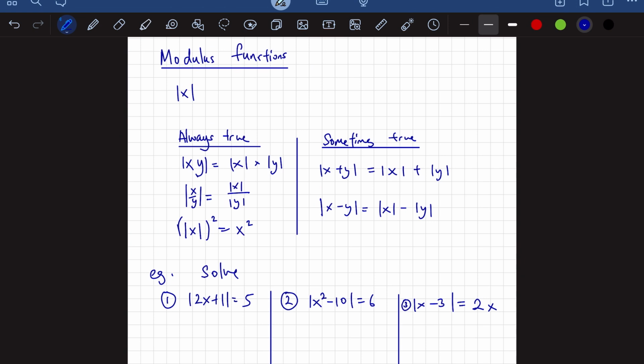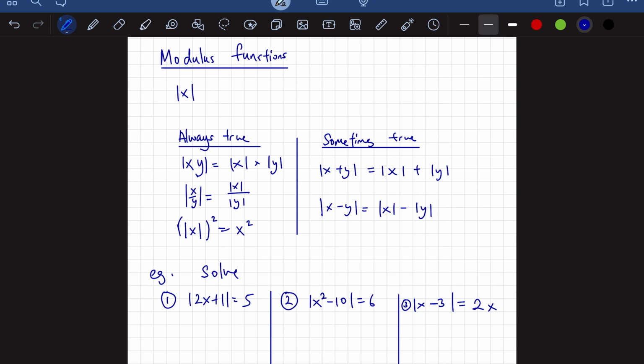So today we're going to look at the modulus function, and we are going to define what the modulus function is and how it is a very unique process in terms of understanding functions. The modulus of any number is what we call the magnitude of a number without a sign attached.